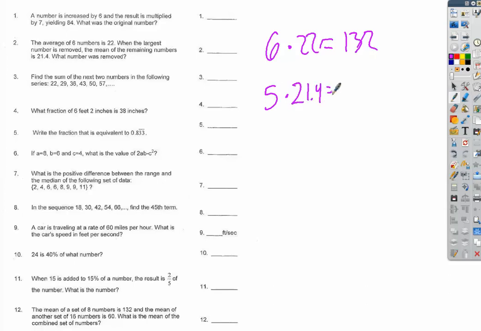Well, 5 times 4 is 20, carry the 1, so that's 107. So the difference between the sum of the first set and the sum of the second set will equal the number that I pulled out. And by subtracting, I find the answer is 25.